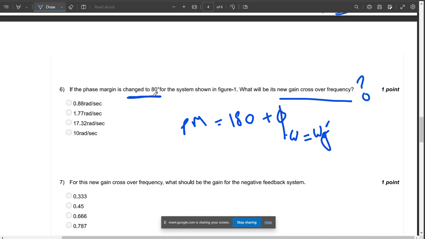Phase margin is 80 degree. Accordingly, we'll find the new phase of the system, and for that phase of the system we have to find out the omega dash g. Got it? Try to solve this one and then we'll discuss it. I'm giving you 2 minutes.